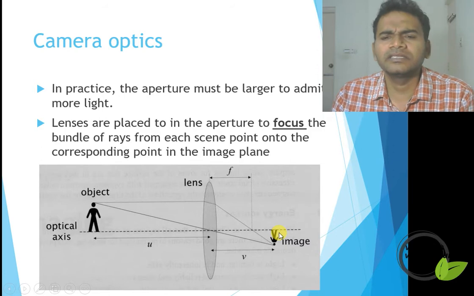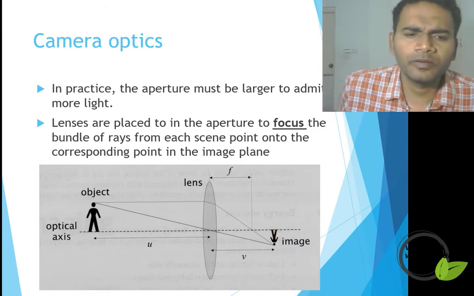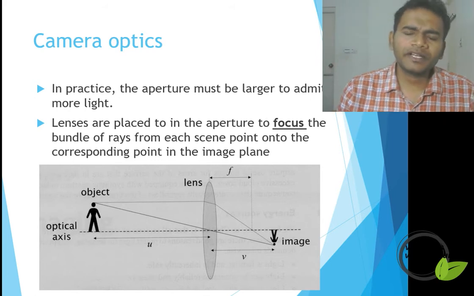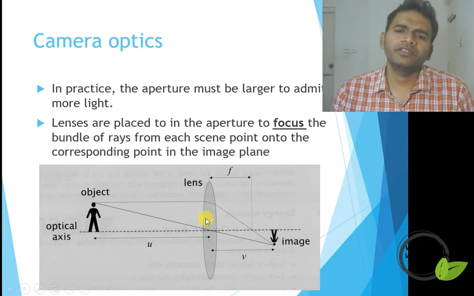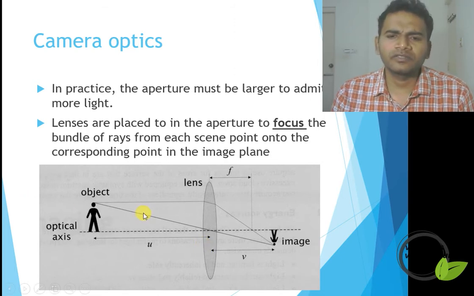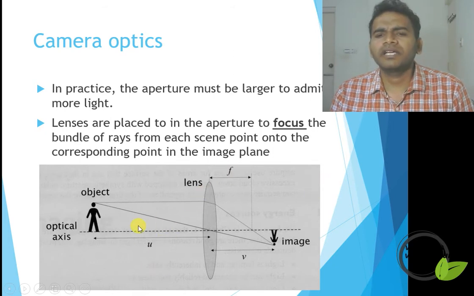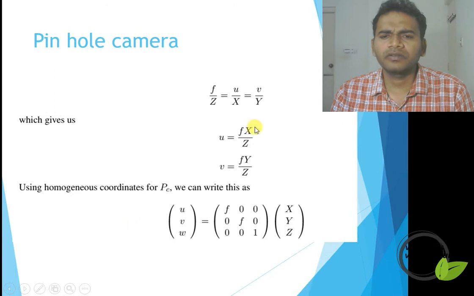So these are about the camera optics. Other concepts of camera optics include what kind of lens you use. If you are using a better quality lens, you can focus a better image at a greater distance. So your focal length and U have a correlation that is already shown here.